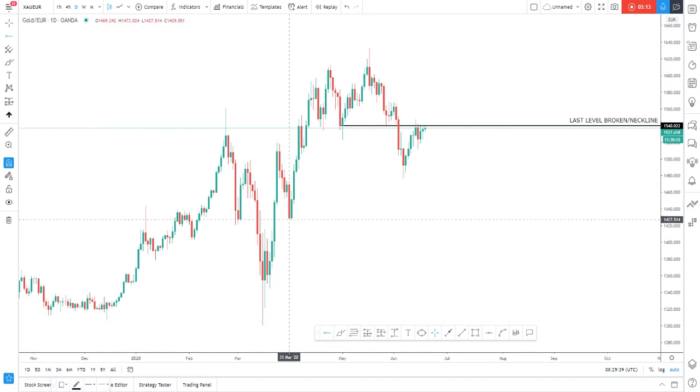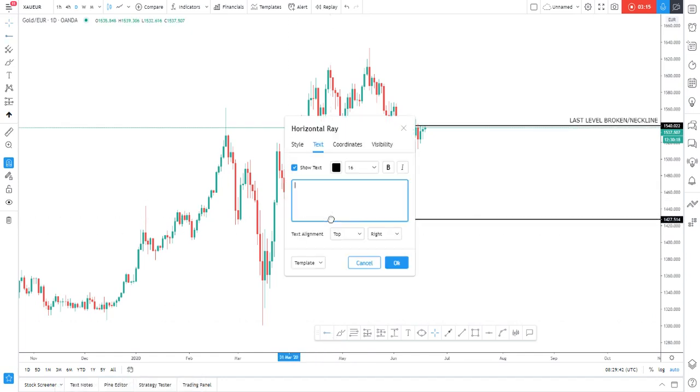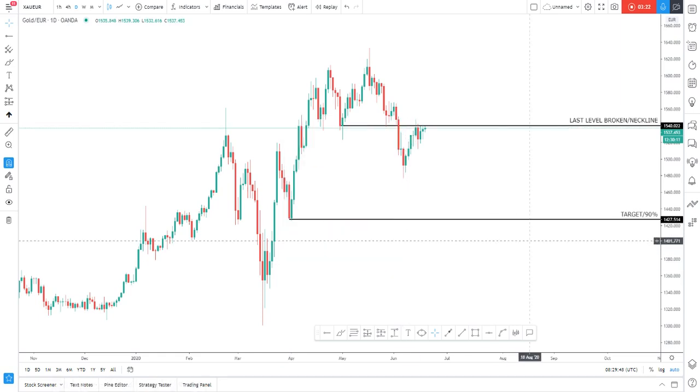From this point, this would actually be my target. That's the target, or 90%. Now, knowing that this is my target, and also looking at the way price has moved around this area, looking left to get right, we can see this is an area of structure, so we should expect a reaction at this area of structure.